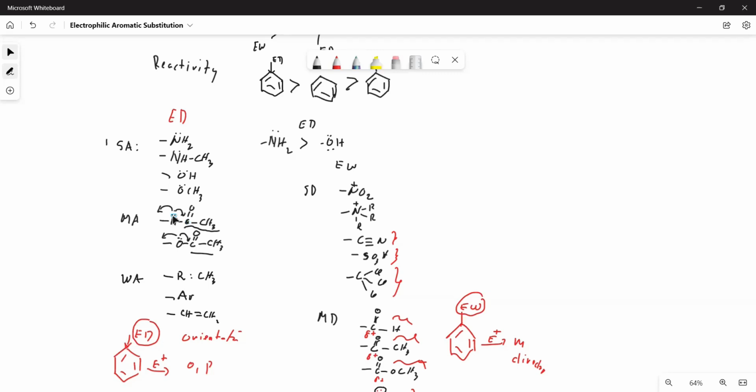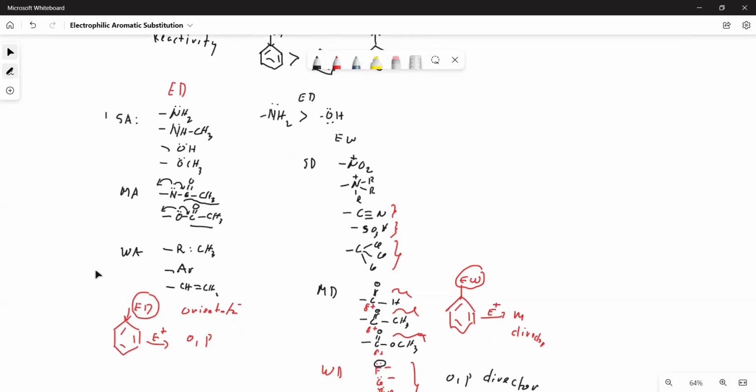Look at the lone pair. The lone pair can also delocalize towards the carbonyl. And that is not good for the lone pair to be donating its electron density to the ring if there is a competition. The same thing here with oxygen, there is a competition that will weaken the ability of the nitrogen and oxygen to donate. So that's why they are classified as moderately activating.